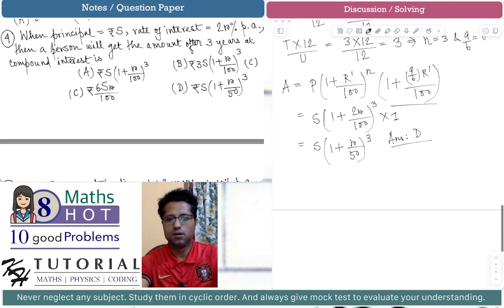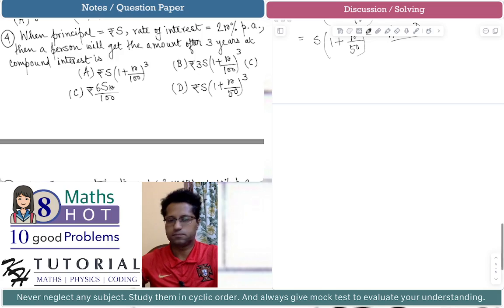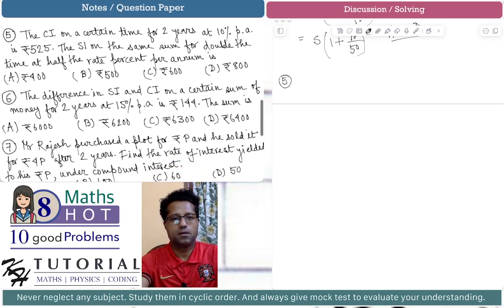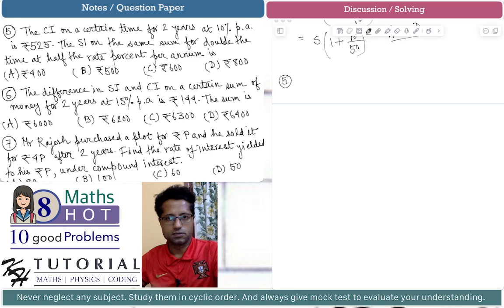Okay, let's do problem number 5. The compound interest on a certain sum for 2 years at 10% per annum is rupees 525.